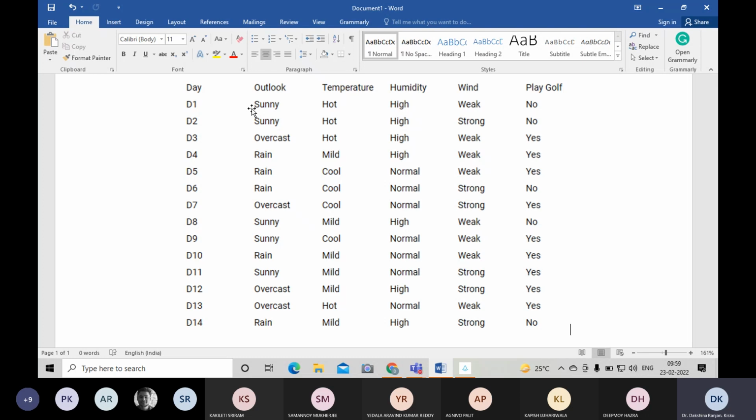Here we can consider d1, d2, d8, d9 and d11, and with these 5 rows we get a new subset, which will have the other features like temperature, humidity, wind, and the decision class values. With this subset, again we will repeat the process. So let me show you.